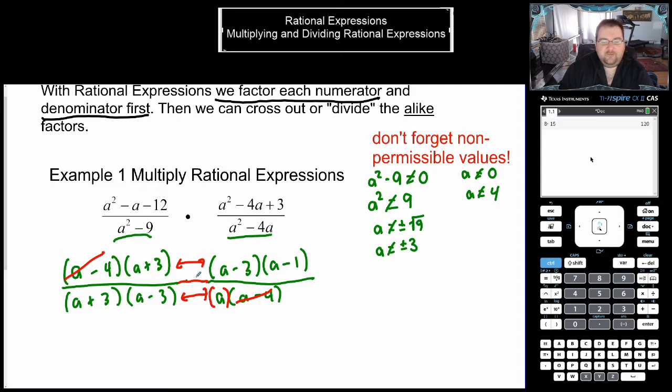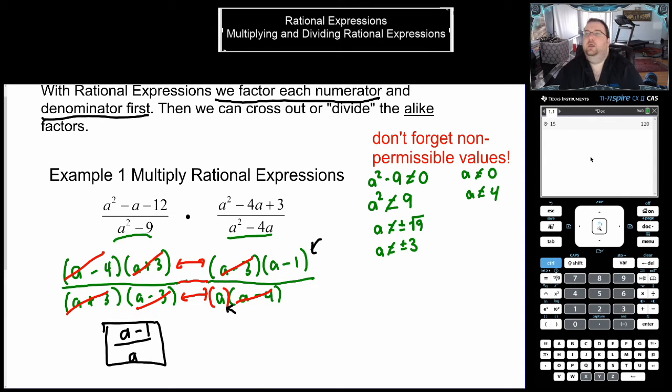So I don't really have to do that step. I can just start canceling out like terms. So I have a plus 3, a plus 3, a minus 3, a minus 3, and I'm left with my final answer here. And my final answer, all that's left on the numerator is a minus 1 right there. And all that's left on my denominator is this a here.